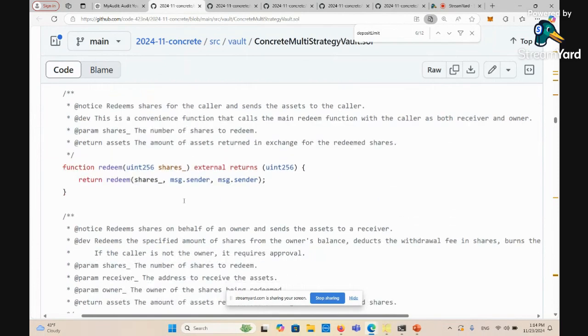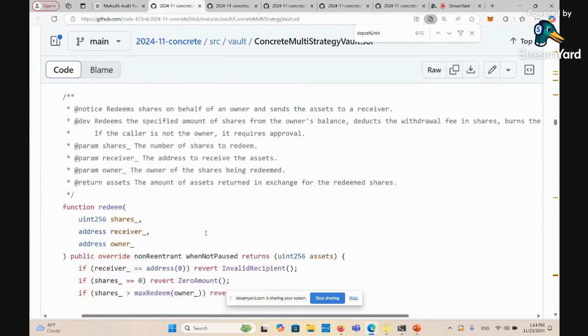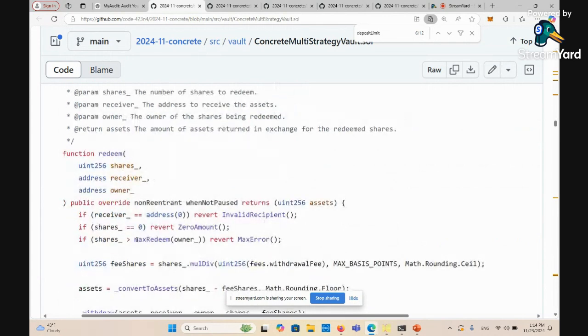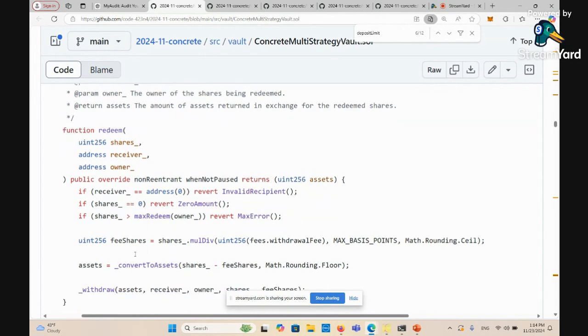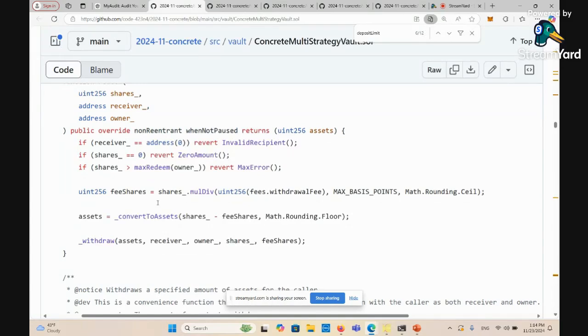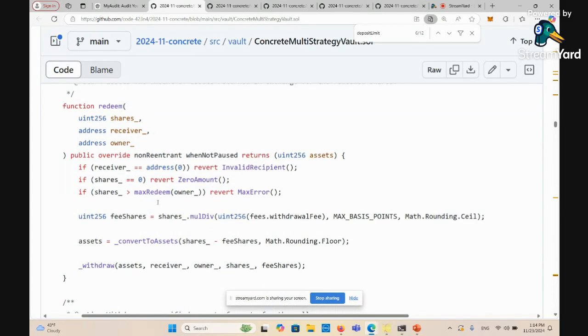Redeem is just the opposite. You give the number of shares you want to redeem, and then there is a receiver and an owner, I believe. So you just do a bunch of checks, make sure the max redeem constraint is satisfied, and then you calculate the fee shares.